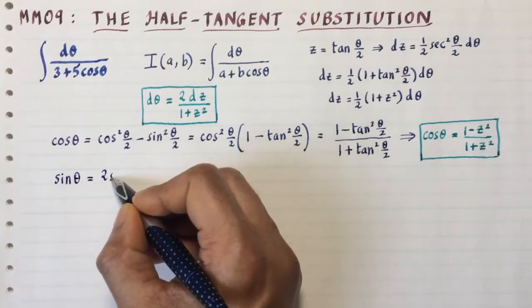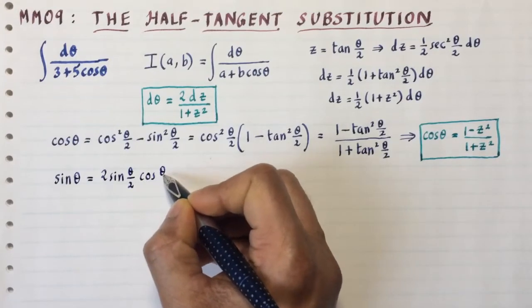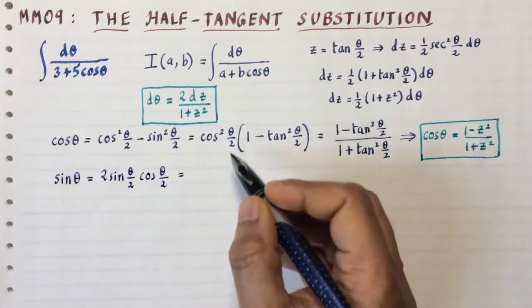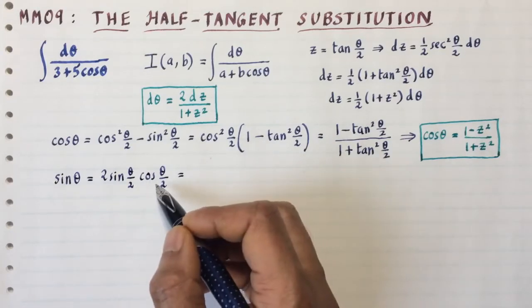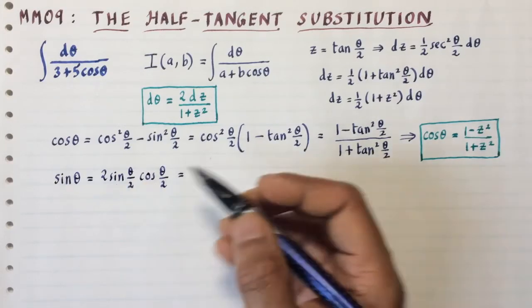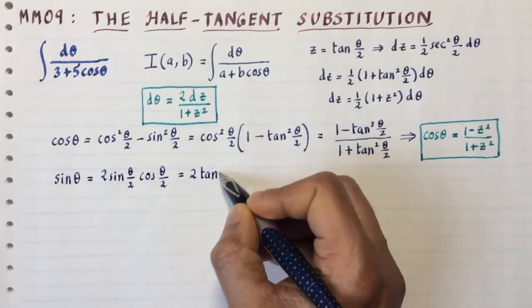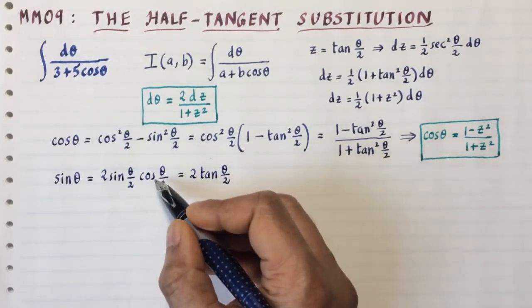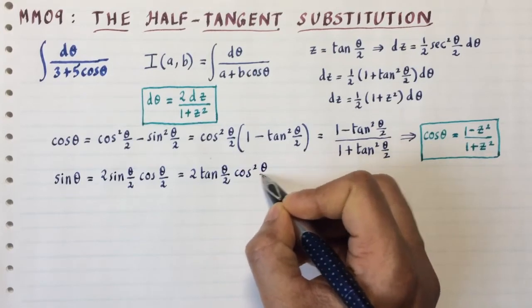Sine theta in the half angle formula is 2 sine theta over 2 cosine theta over 2. And once again, I'll play the same trick. I'll multiply and divide by cosine theta over 2. If I divide by cosine theta over 2, that gives me 2 tan theta over 2. And then I have to also multiply by cosine theta over 2, so that gives me cosine squared theta over 2.